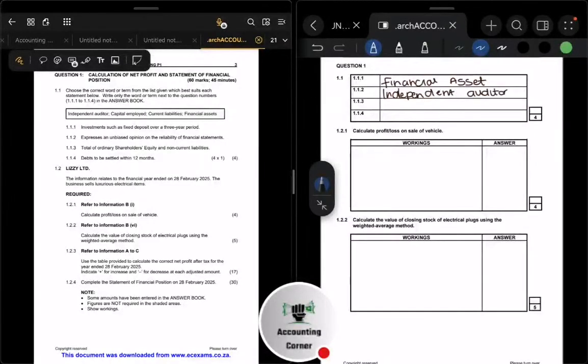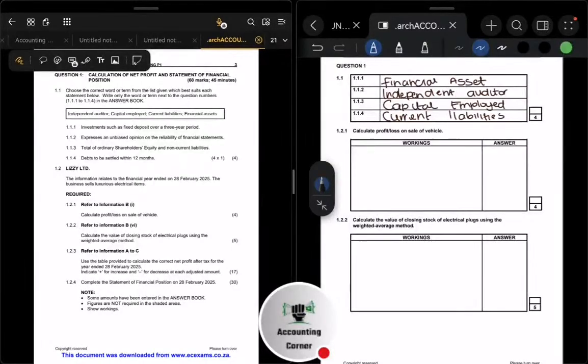Okay, then the total of ordinary shareholders' equity and non-current liabilities, that is capital employed. And finally, debt to be settled within 12 months, that is a current liability. Okay. Then we move on.